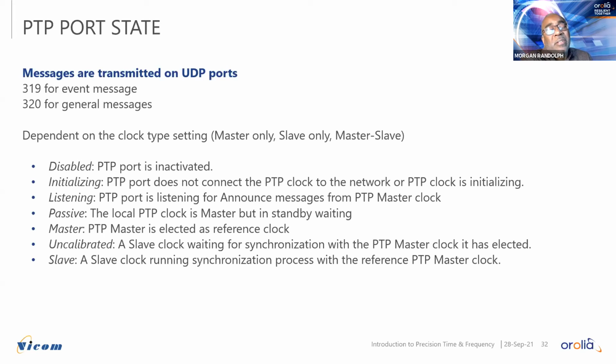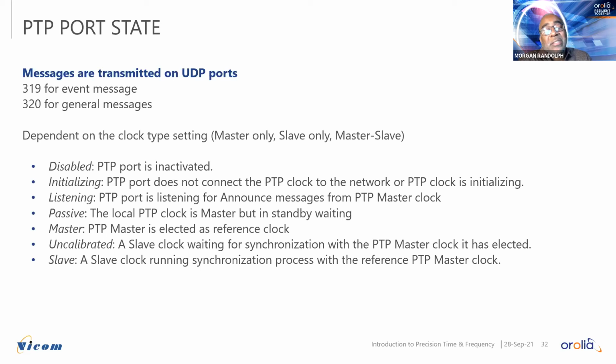The state of the PTP ports will be one of these seven items. Disabled means the PTP port is inactive. The PTP port could be initializing, so the port does not connect the PTP clock to the network, or the PTP clock is initializing.